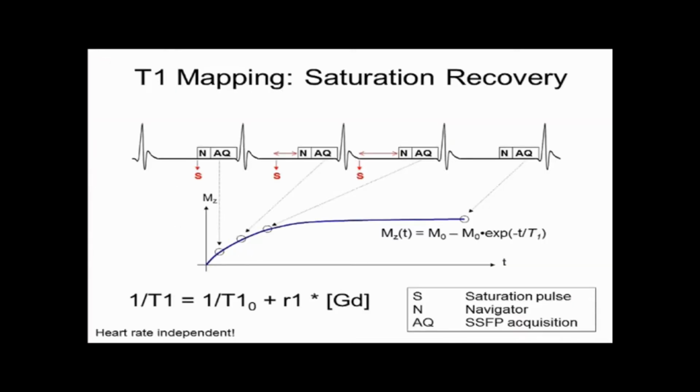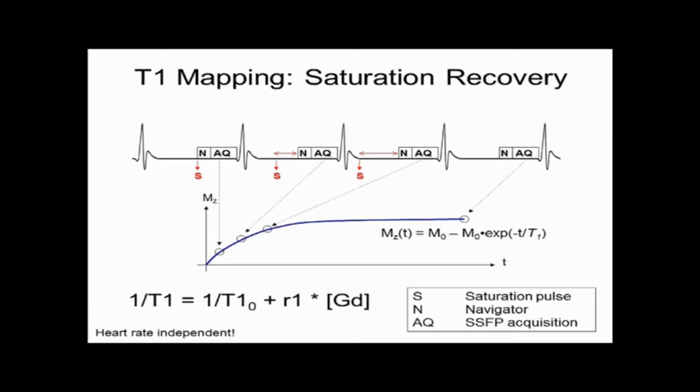For instance, T1 mapping can be done with a saturation recovery sequence. The advantage of this approach is that it's heart rate independent, because we always saturate the magnetization and start at zero. So even if there are arrhythmias, this wouldn't affect such a measurement. And what we do is we basically measure the relaxation curve and acquire several images in subsequent heartbeats.